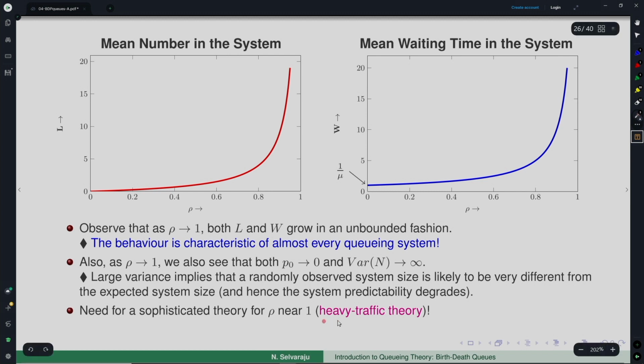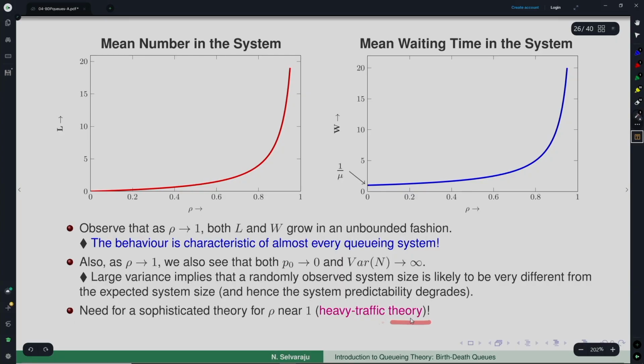Rho is your traffic intensity, and for rho near 1 you need a very sophisticated theory to analyze how quickly it grows, what the rate of increase is in the particular system.